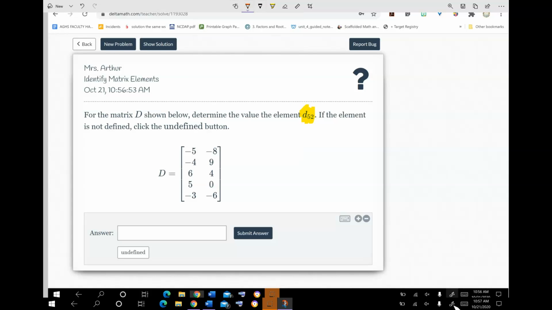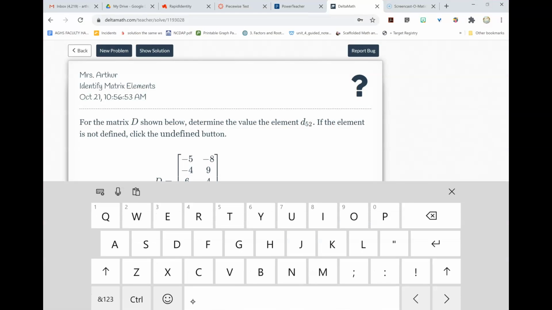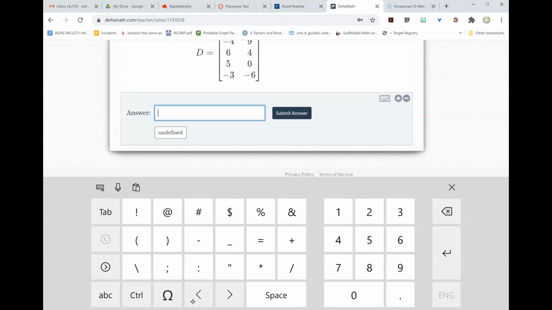Now, D52, D is the name of the matrix, the 5 is the row, and the 2 is the column. So it is saying on the 5th row, 1, 2, 3, 4, 5, the 5th row, second column, what number is there? -6. So you would go and type -6.